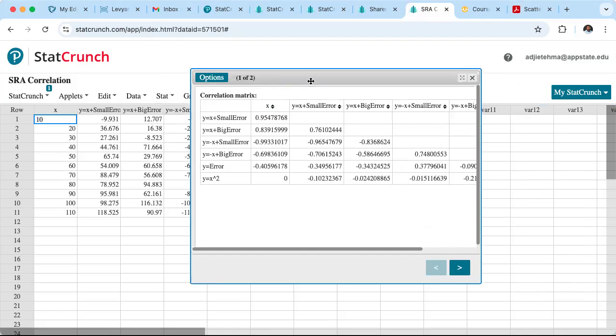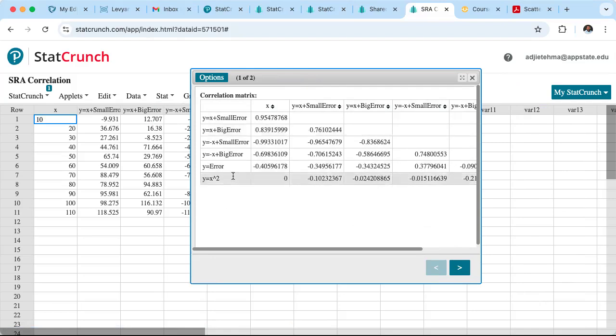Is that okay? So you see, if we want to know the relation between X and Y, this number here is Y and Y. We don't want that. We want just X and Y. Is that okay? So let's focus on this one here. Does that make sense? So you see, for the first one, remember it was strongly positive. You see the correlation coefficient is like 0.95. Another one was okay, you see.